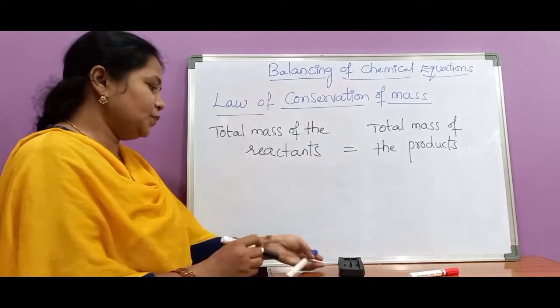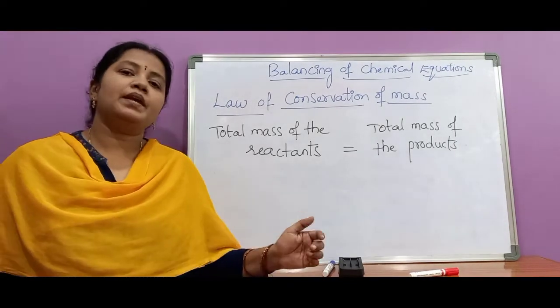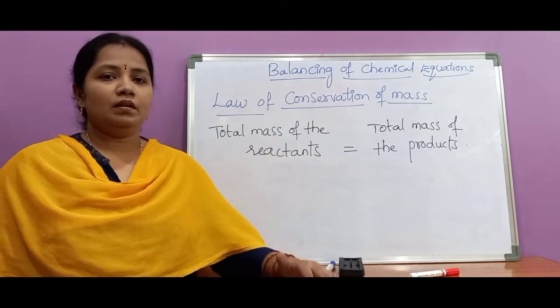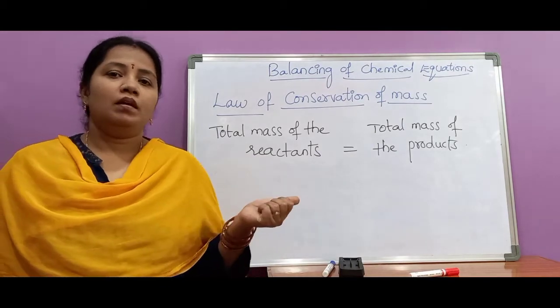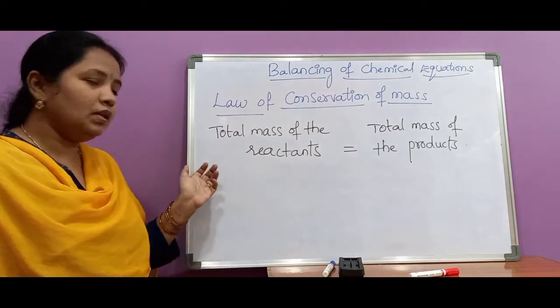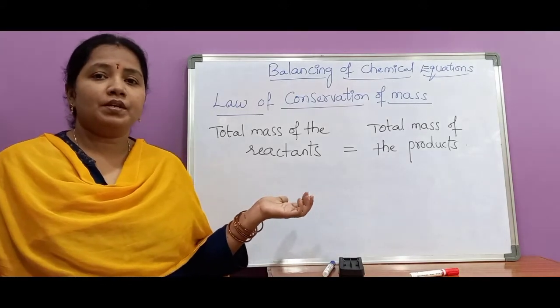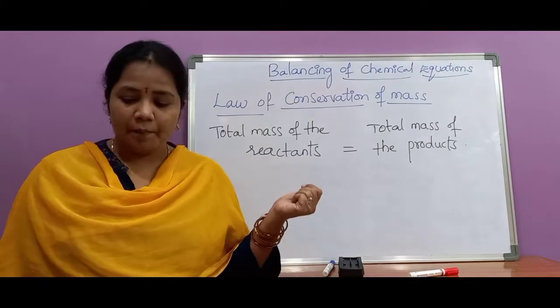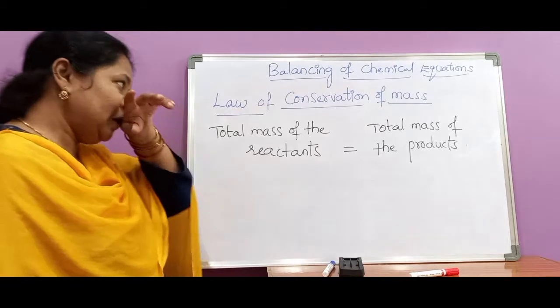So when is this possible? Here we know that during a chemical reaction, the atoms of the reactants are involved in the reaction. Atoms account for the mass of the reactants. All the atoms involved in the chemical reaction together form the mass of the reactants as well as the mass of the products.